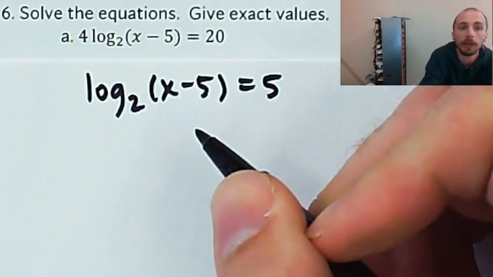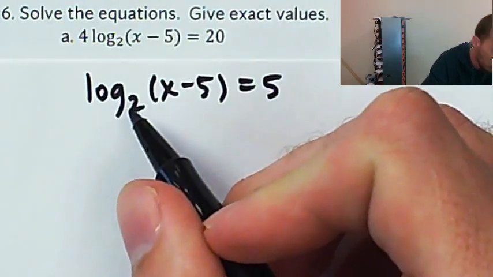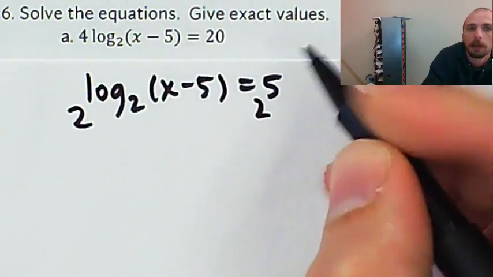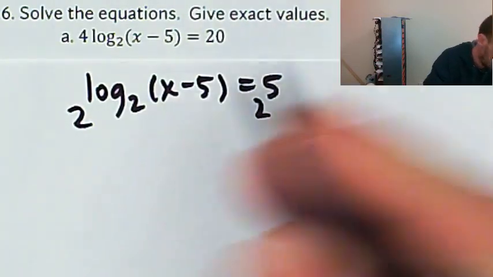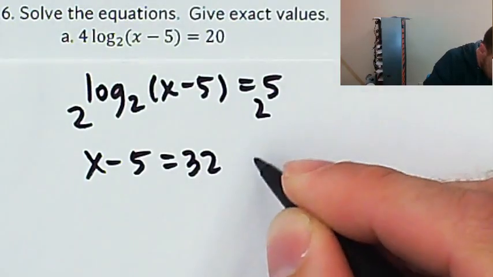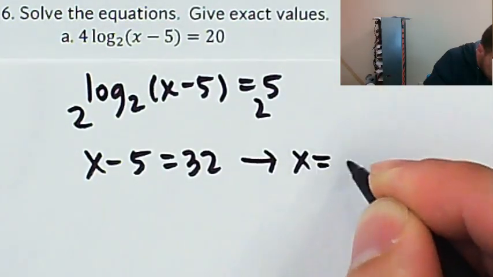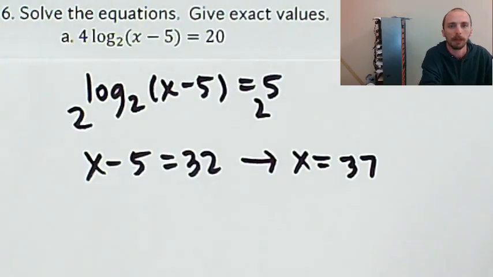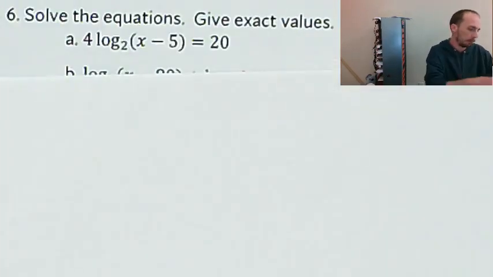Okay. Now I'm going to need to take 2 to both sides' power to get rid of the log. So 2 to the log base 2 of x minus 5 equals 2 to the 5. 2 to the 5 is 32. 2 to the log base 2 of x minus 5 is just x minus 5. And that's going to give me x equals 37. Add 5 to both sides.